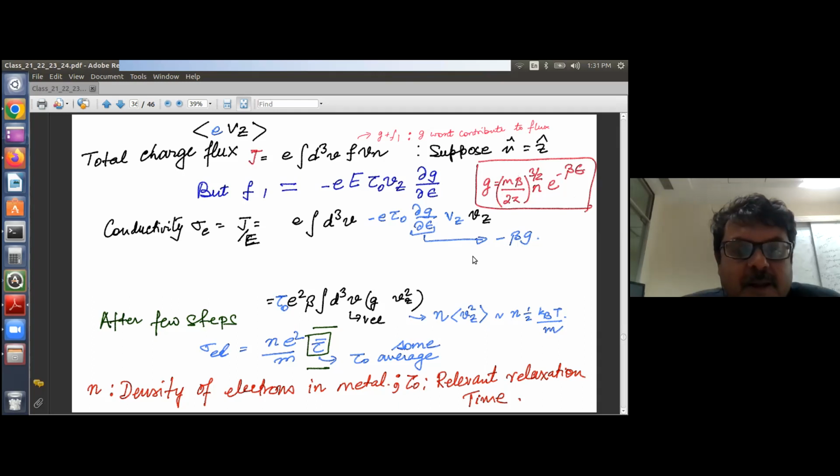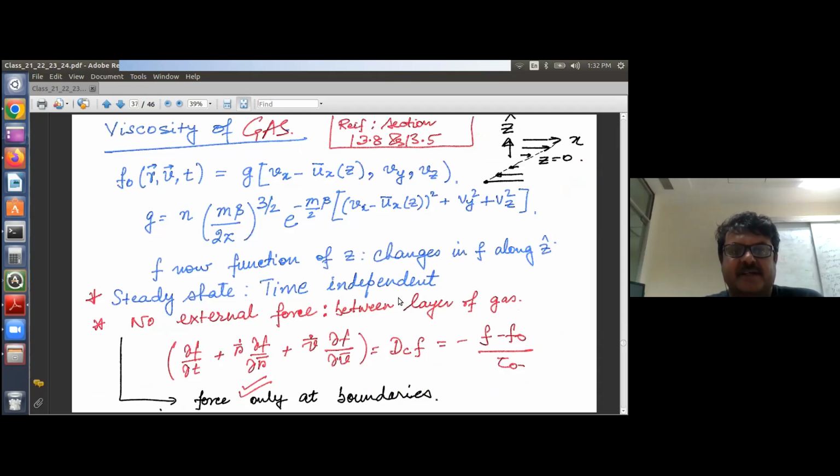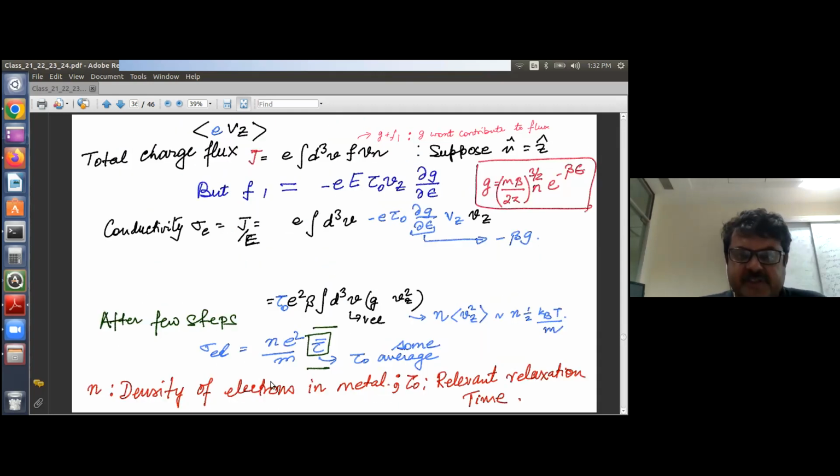right? In that case, the conductivity, which is J by E, becomes, I'm taking the tau out, E square beta, the beta came from here, right? And there was a minus sign here, and you got a minus sign from here, del G del E, that gives minus beta G. So hence you get a positive.